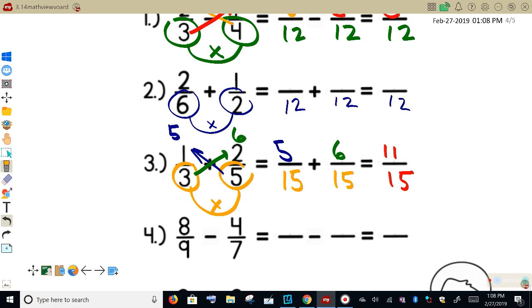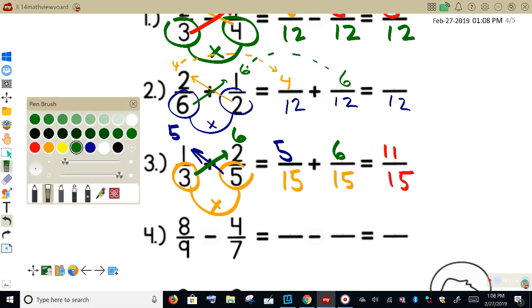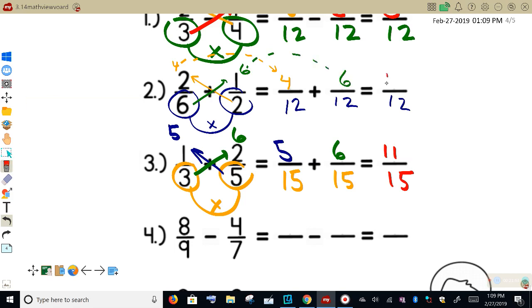What two numbers am I multiplying first? 2 times 2, that's a 4. That's what I'm going to put right there. And then 6 times 1. That's a 6. I'm going to put a 6 right here. What is 4 plus 6, guys? 10.